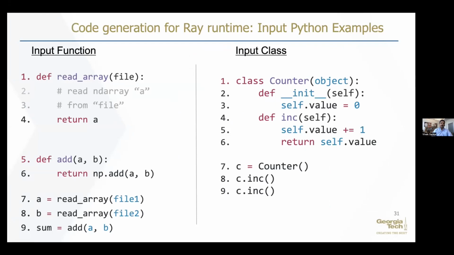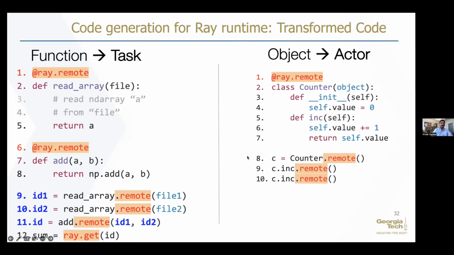Just to give you an idea, in case you haven't come across Ray before, how the compiler might generate code. If you have an input function over here that is reading two files and then adding the arrays read from the two files, or you have a counter class and you're performing increment operations, what you could do using Ray is make each read array a remote task, which could be executed in a separate process, either in the same node or a different node.